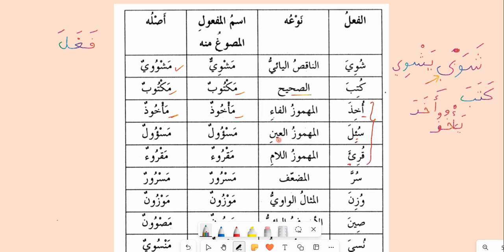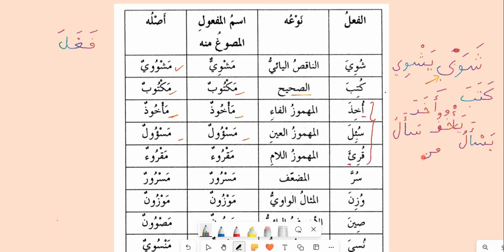Su'ila, mahmuz al-ain. Now you know su'ila comes from sa'ala, and yas'alu. So this is the present tense, yas'alu. We have mas'ulun. Mas'ulun, the original scale. We use the original scale.